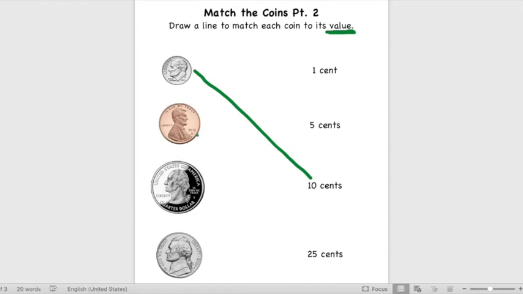Okay, what about this next coin? This is a penny. How much is a penny worth? A penny is worth 1 cent. It's worth the least amount of money. A penny is worth 1 cent.